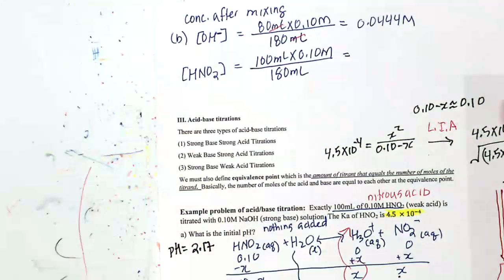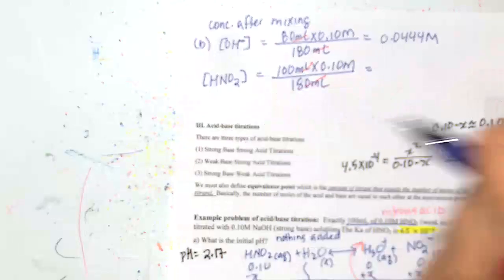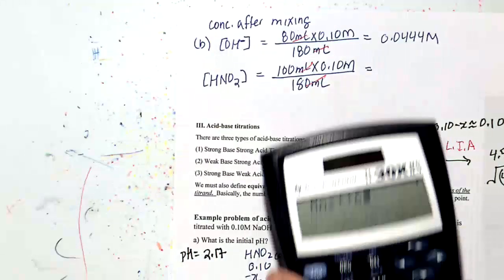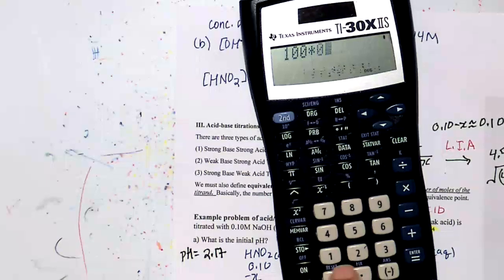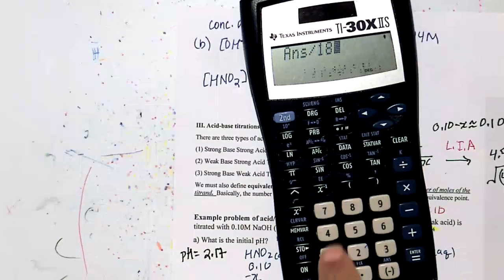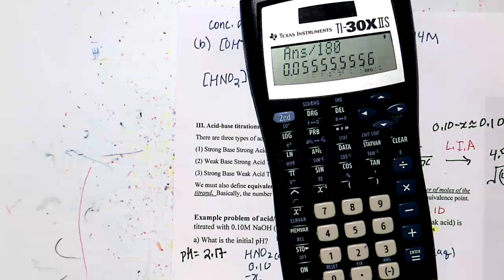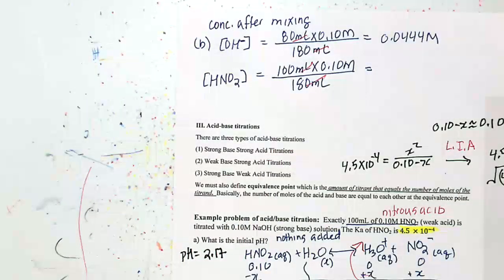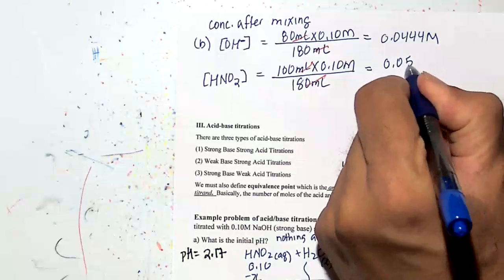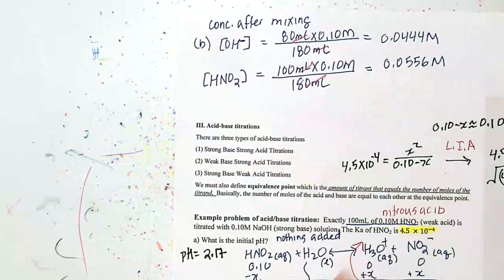I want you guys to recognize that the mils cancel. So what's 100 times 0.1 divided by 180? 0.0556 molar, that's its concentration.